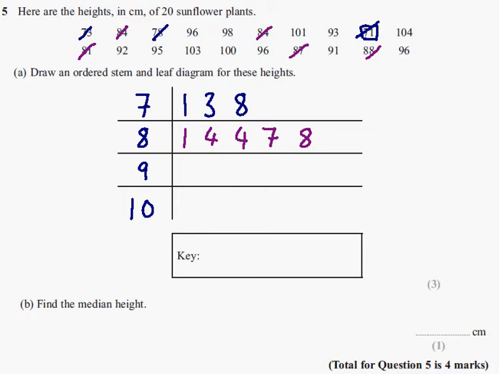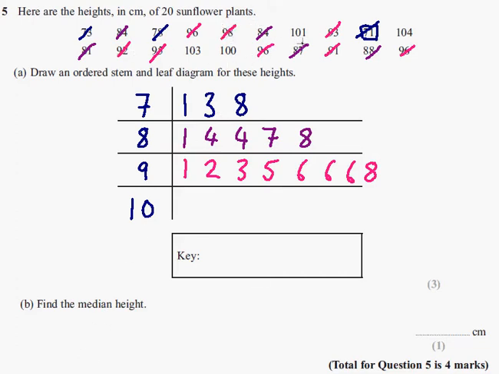And let's do the 90s. 91, 92, 93. Let's do this carefully. 93, 95. I've got three 96s. And one more, 98, which just about fits on there.